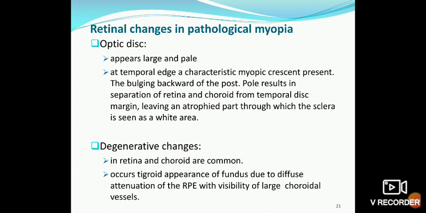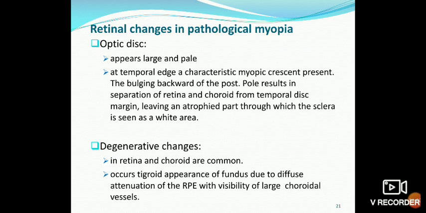Another important finding is the supertraction crescent. At the temporal margin this will happen. At the nasal margin of the disc, what happens? Again, the retina and the choroid at the nasal disc margin will override the disc.